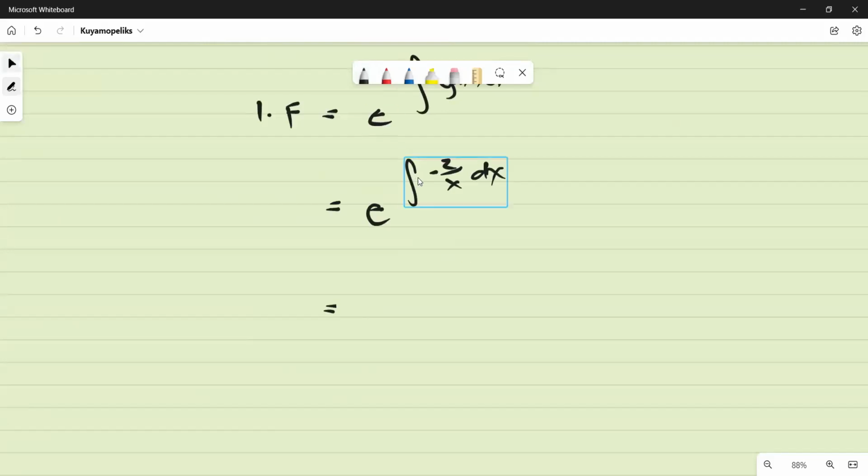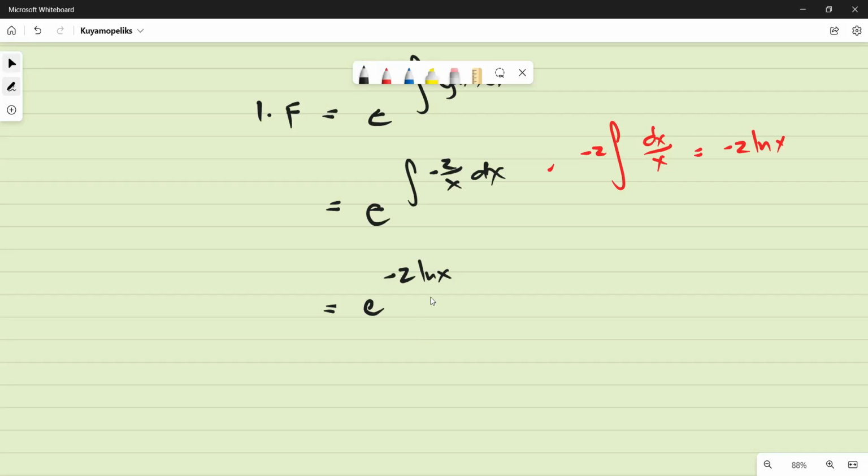Basically, the integral of this, for sake of explanation, we can take out the negative 2, and it becomes just dx over x. Basically, this is equal to negative 2 ln of x. So therefore, our e is e raised to negative 2 ln of x.